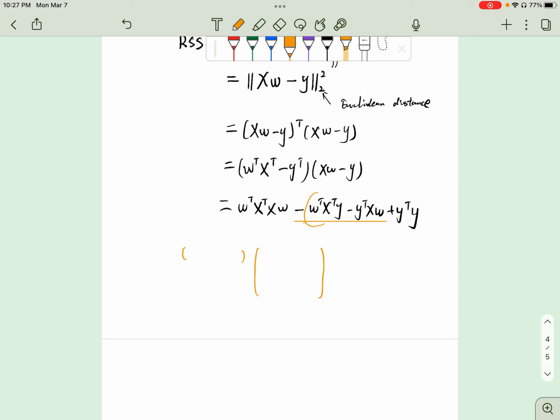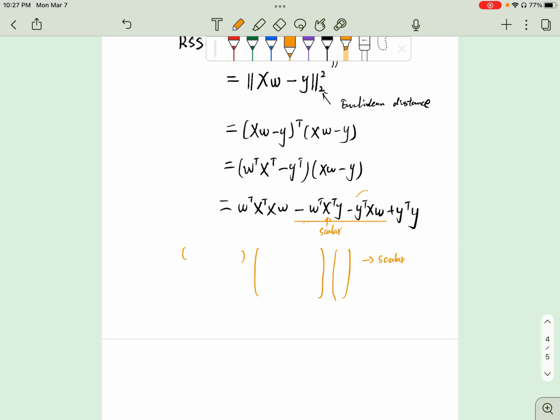So if I multiply these two, what do I get? I will get a row vector. And if I use a row vector to multiply with y, which is a column vector, I will get a scalar, just a number. So this one is just a scalar.